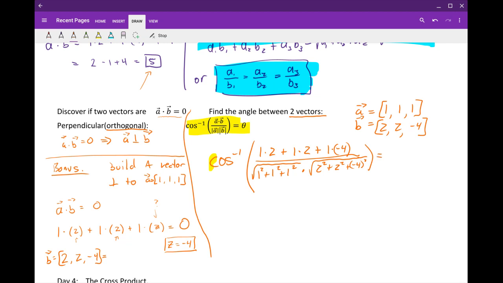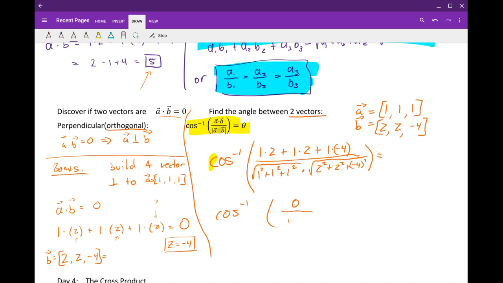And then I stick that into the cosine inverse, and I end up with cosine inverse of 0 over, it appears that I've got the root of 3 here. It doesn't even matter actually, but I'll figure this out anyway. This is going to be 16 plus 4 plus 4 is 24, times 3, 72.